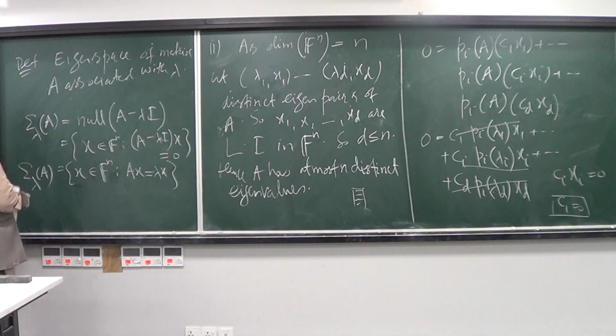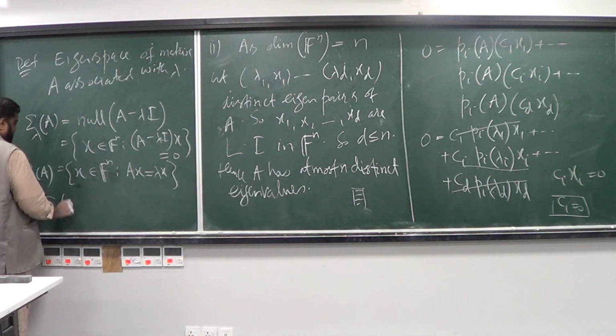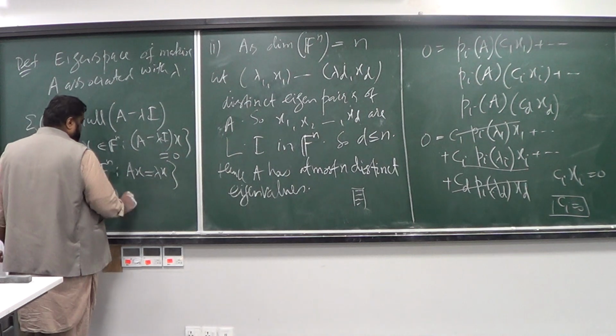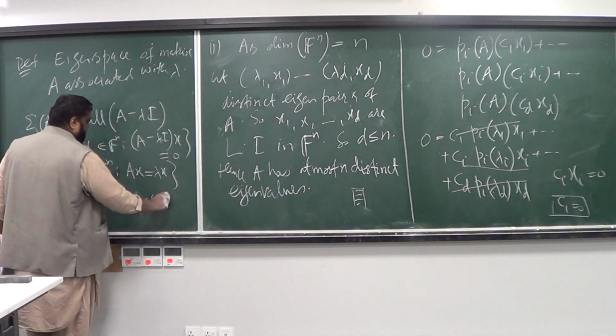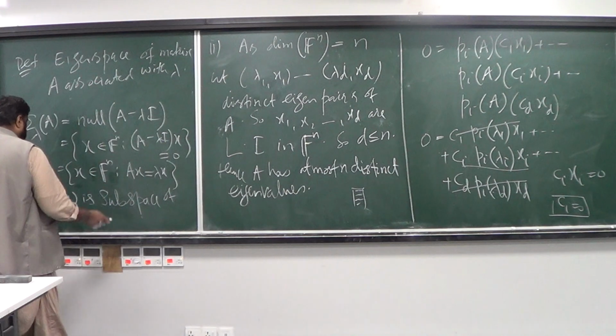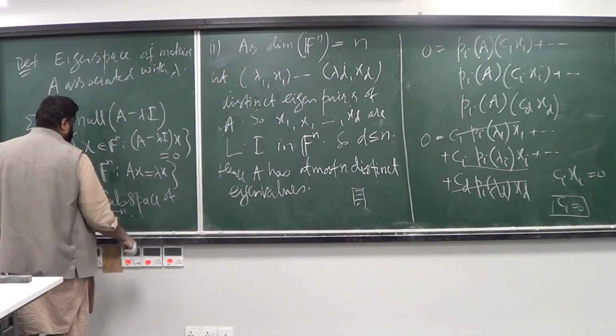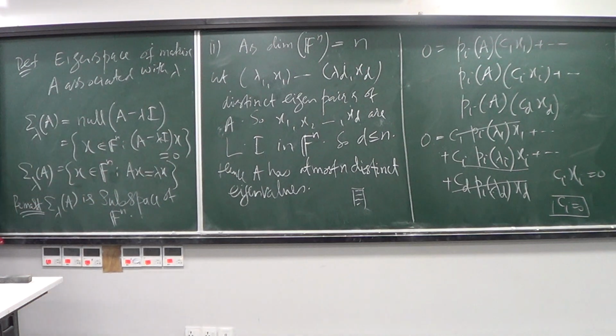In fact, we can prove, I'm not proving it, you can check it for yourself, that this E lambda of A is a subspace of Fn. The collection of all eigenvectors corresponding to lambda.